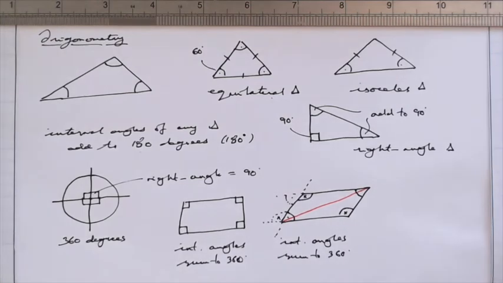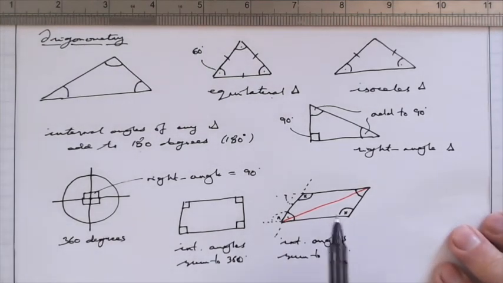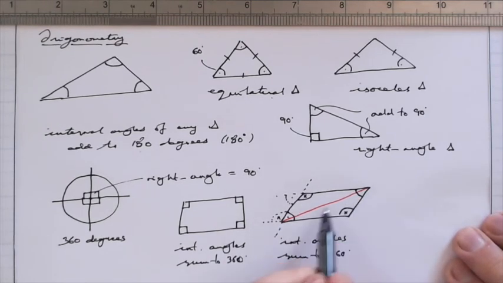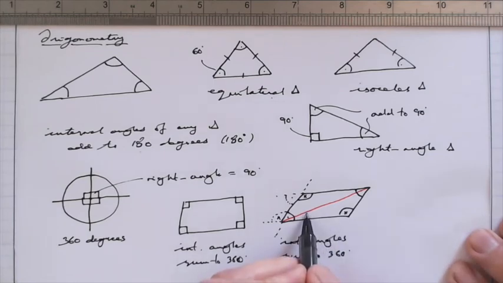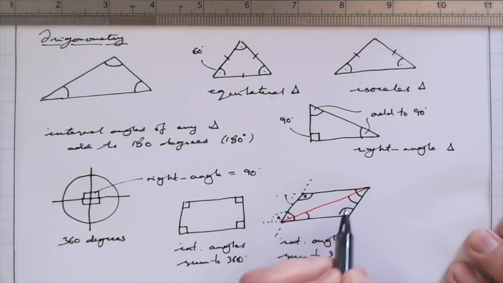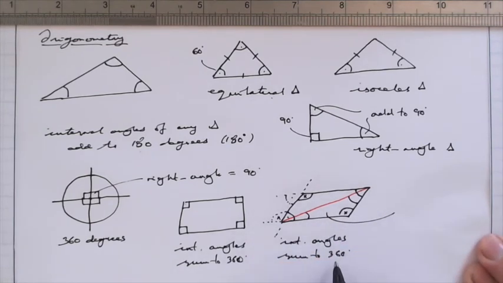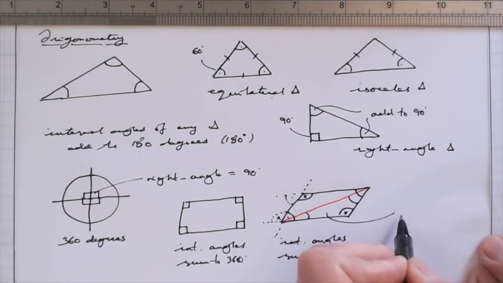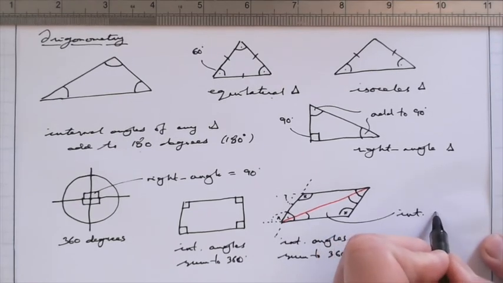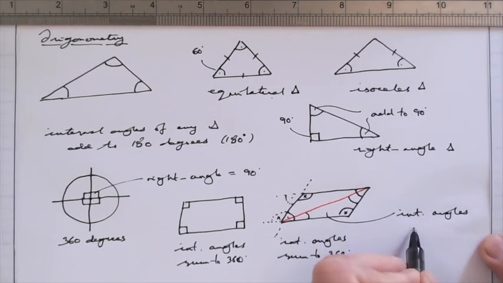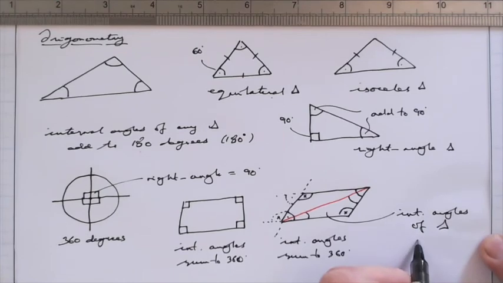And now for this triangle, by symmetry it exactly cuts this parallelogram in half, and so its angles must add up to half of 360. So the internal angles of this triangle add to half of 360, which is 180 degrees.